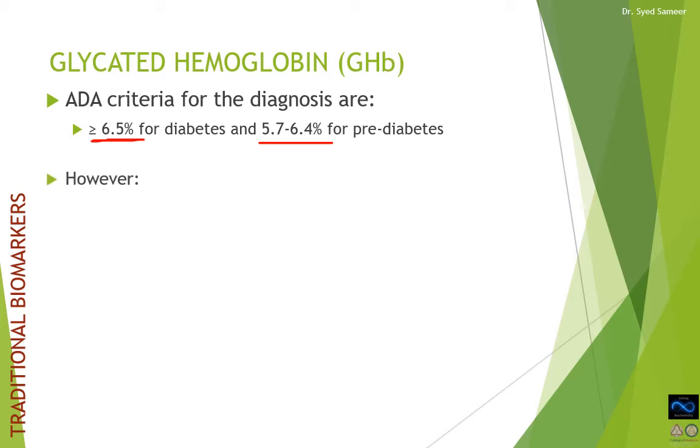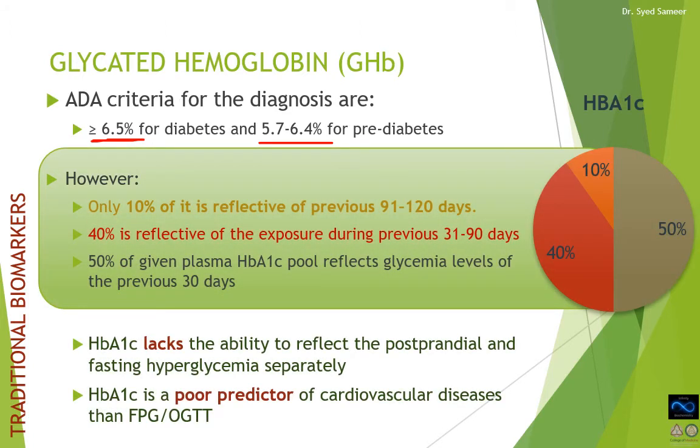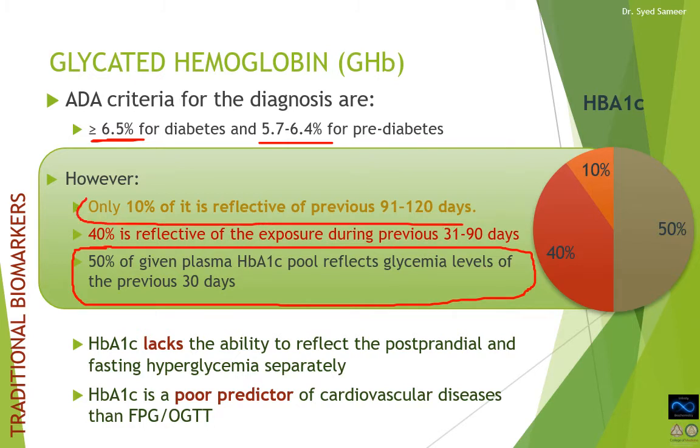Furthermore, there is another thing which we should remember about the HbA1c, that only 50% of the HbA1c is giving us the previous levels of 30 days, and only 10% is reflective of the glycemic index of 91 to 120 days.